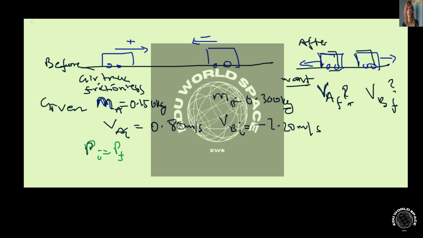And that just means that MA times initial velocity of A, plus MB times initial velocity of B, equals MA times final velocity of A, plus MB times final velocity of B. We can always plug in the relevant numbers that were given, and we're going to do that in the next page.